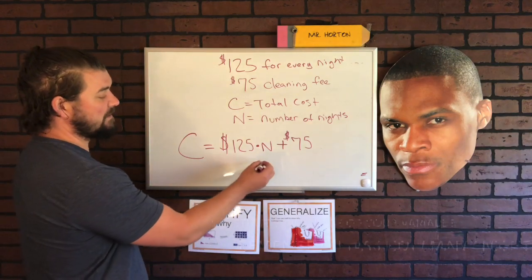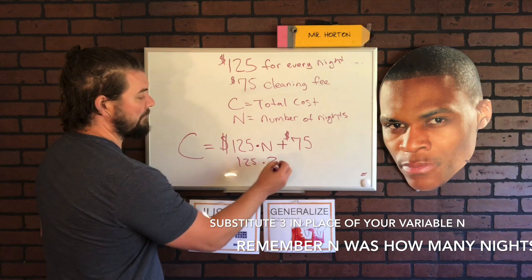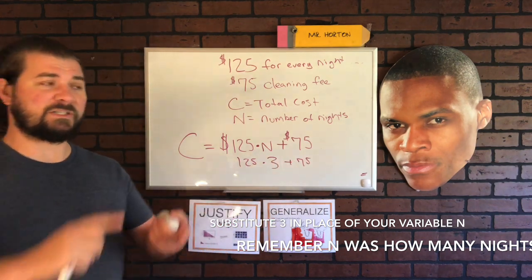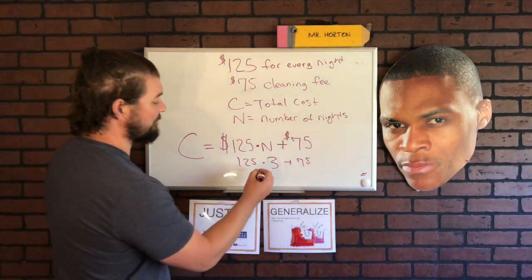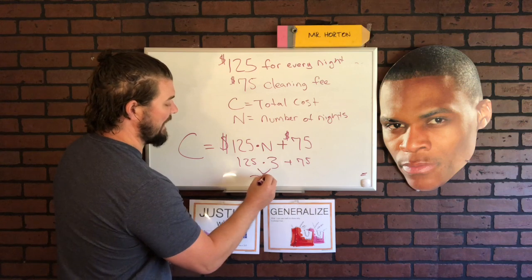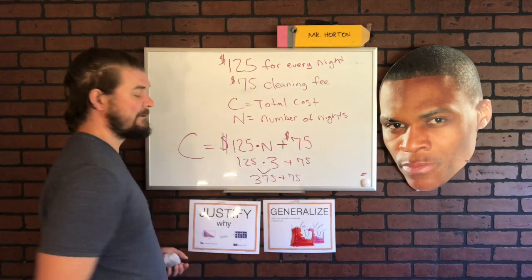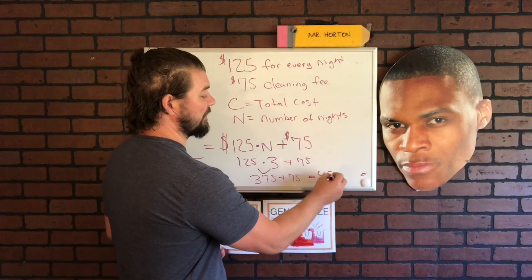A 3-day weekend. If I plug 3 into my equation, I have 125 times 3, which is 125, 250, 375. And now I need to add $75 to that. And that brings my total to $450.